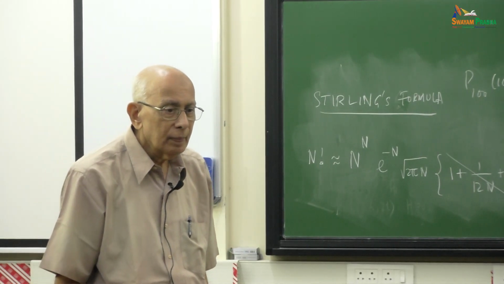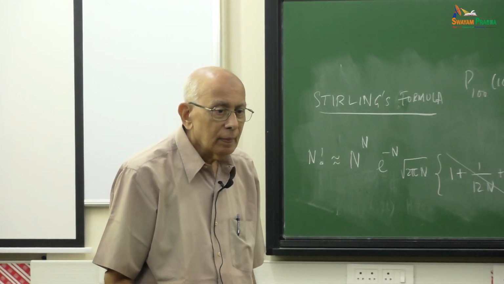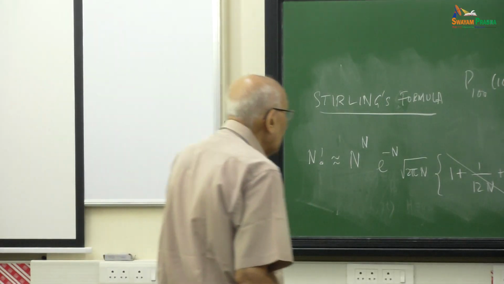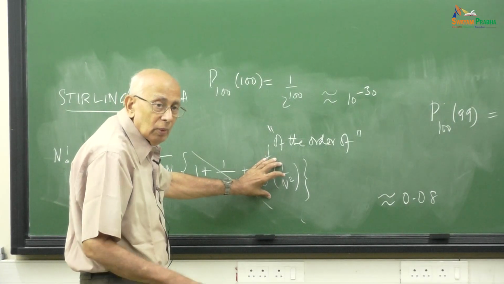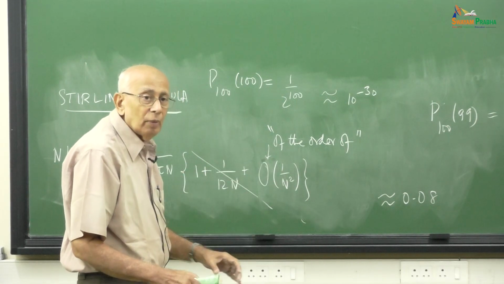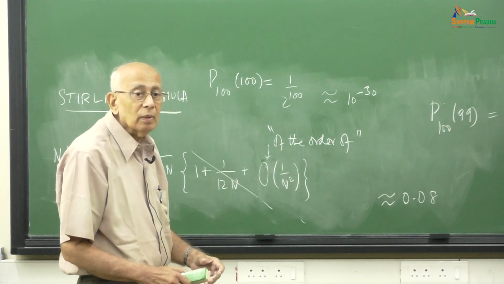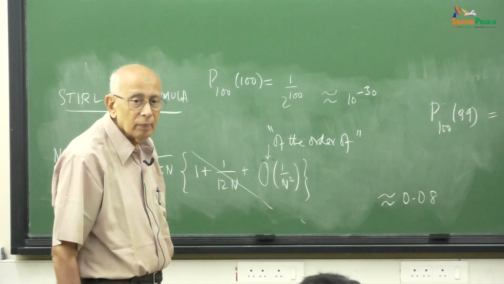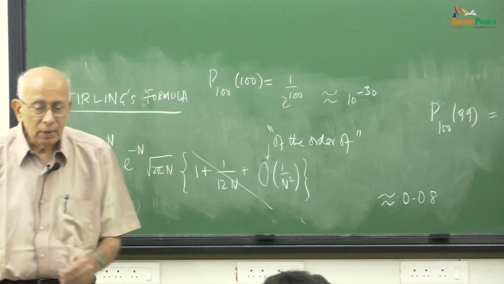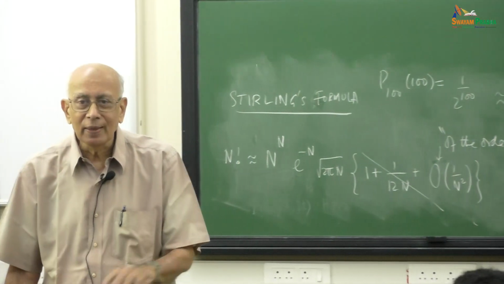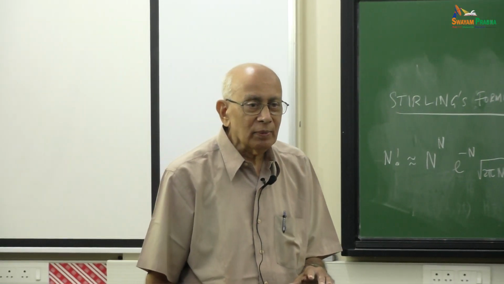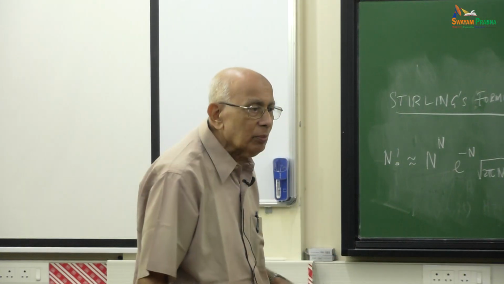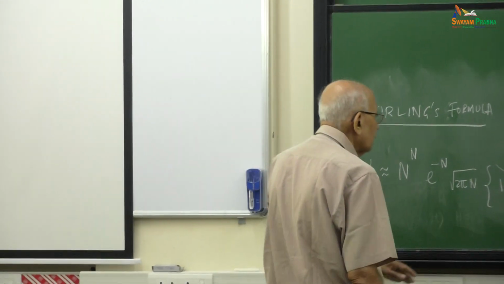So could we explain exactly what "of the order of" means? It means if you divide by this number and divide it by 1 over n squared, you get a coefficient of the order of, finite, of 1. There's a whole little digression on what's meant by little o and capital O notation, which I don't want to get into here, except to tell you that the correction will go like this.